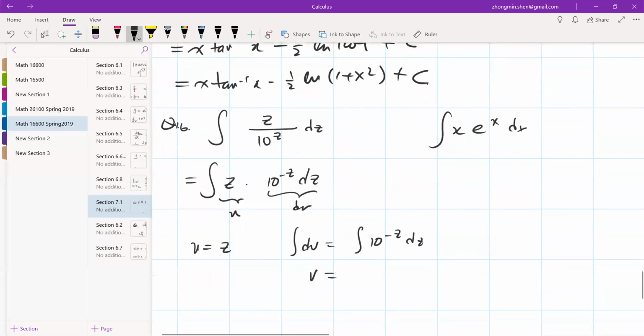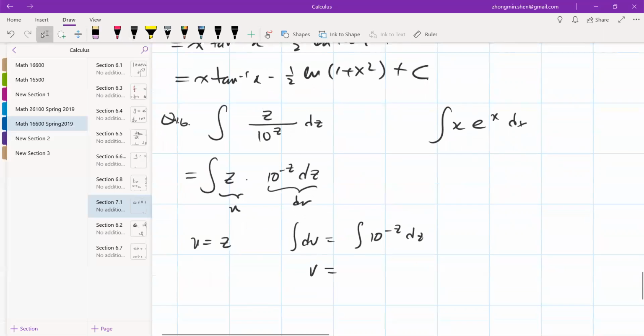You may forget that. Remember, the integral of a to the x is going to be a to the x over natural log a. So the antiderivative of a to the x is going to be a to the x divided by natural log a.